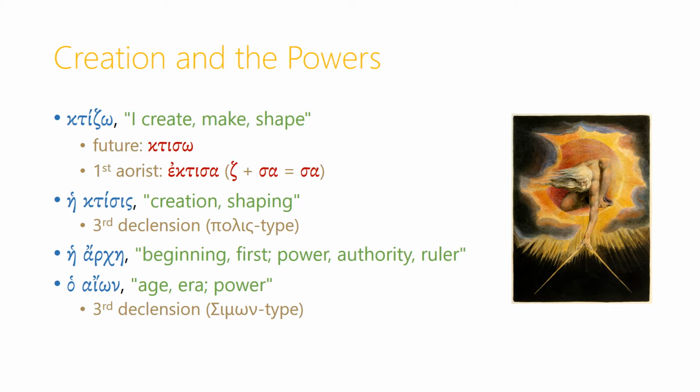Ho aion, then, is an age or an era, and can also mean, like arche, a power. This is another third declension noun, this time of the Simon type, and the nominative form aion is actually the real stem. So the genitive would be tou aionos.